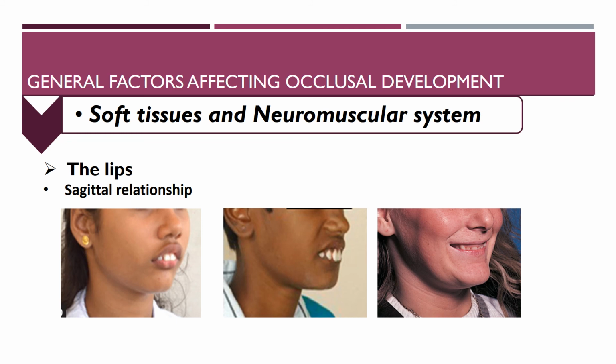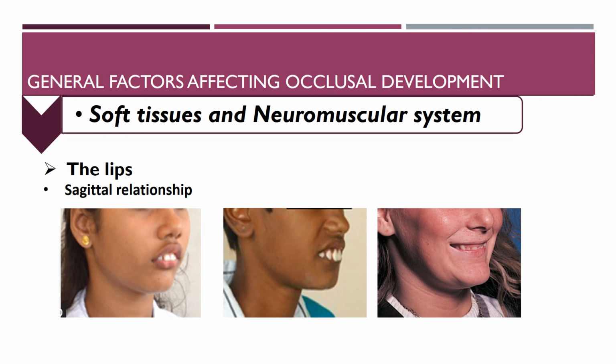The effect of these forces on the erupting teeth depends on the sagittal relationship of the lips. The sagittal relationship is determined by the relationship of the basal bone of the jaw to which they are attached.